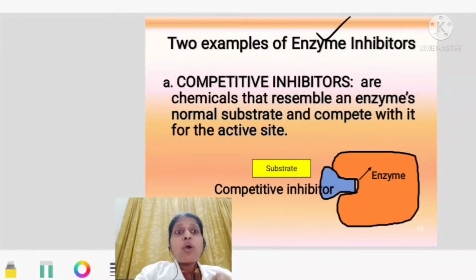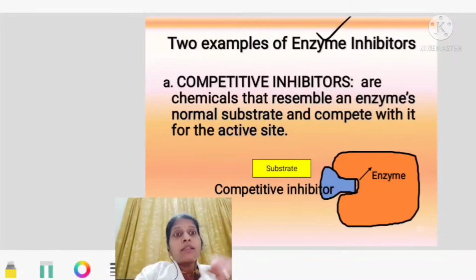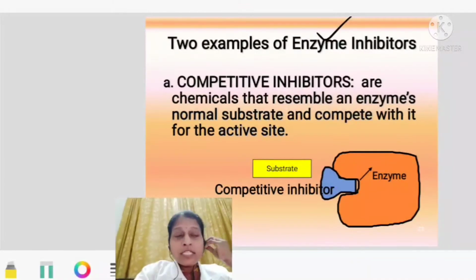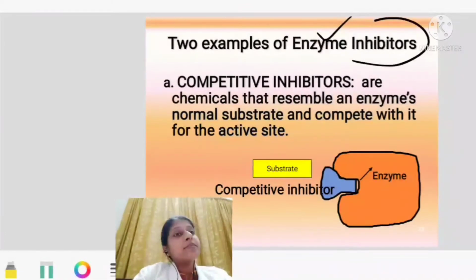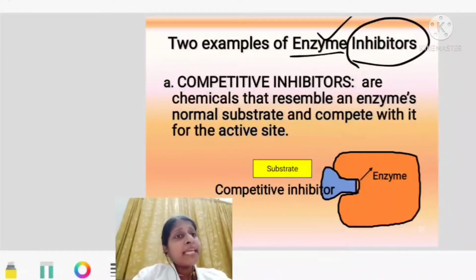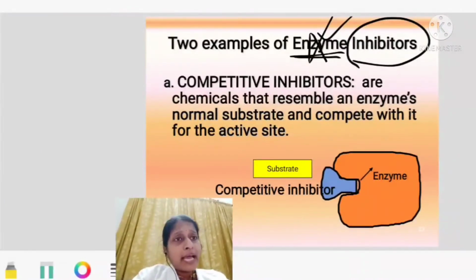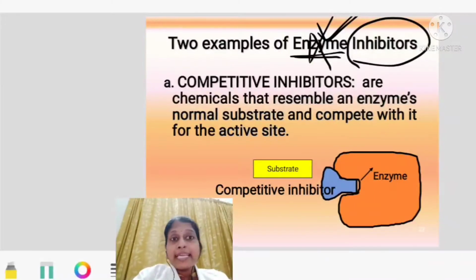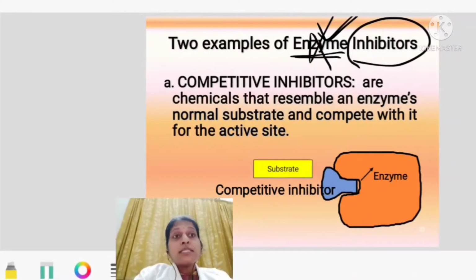So what are these inhibitors? How is the enzyme getting inactive, or how is the enzyme not functioning? Listen carefully. Inhibitors make the enzyme inactive, so that the enzyme is not acting as a catalyst anymore.